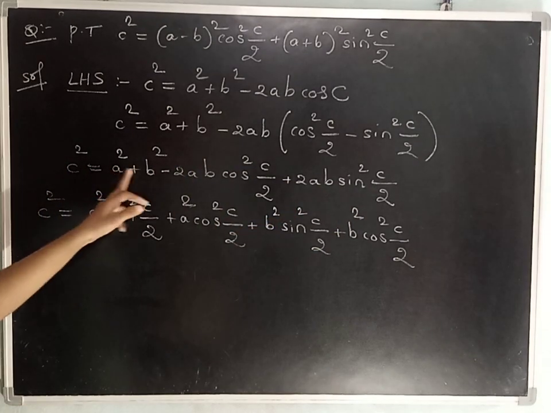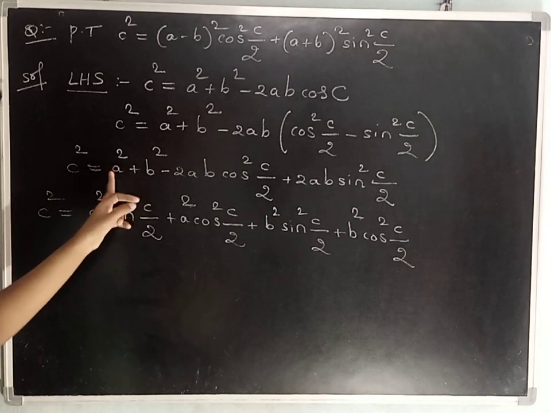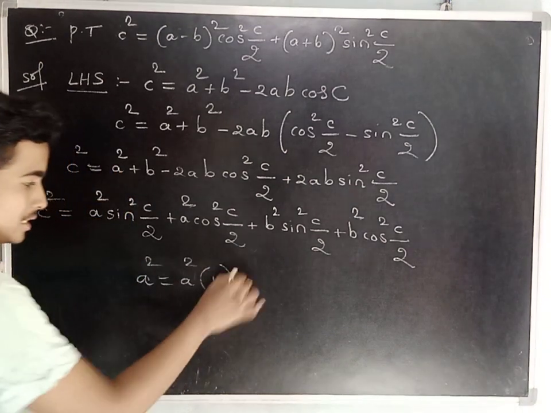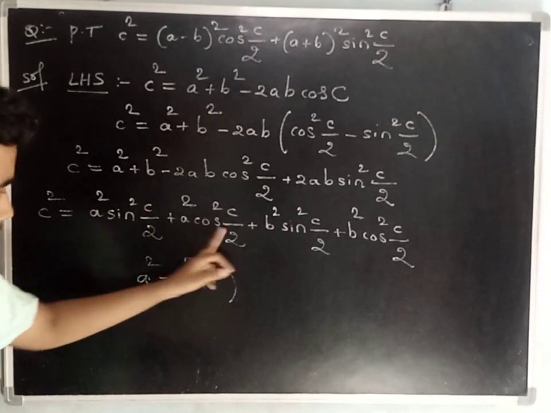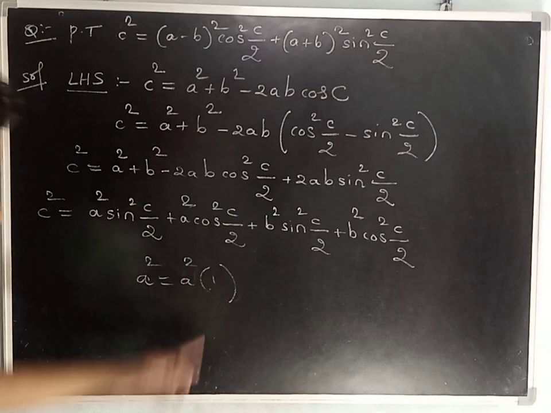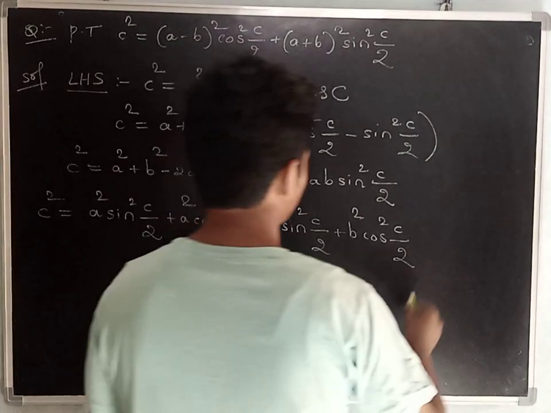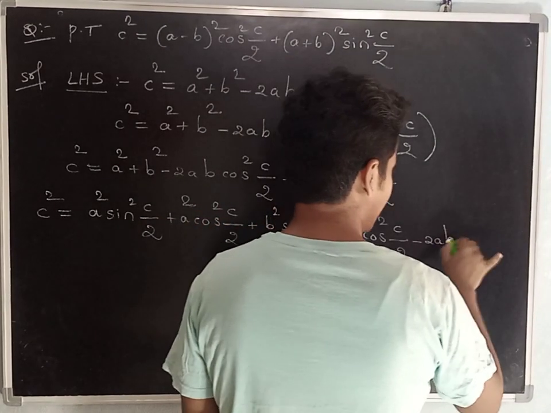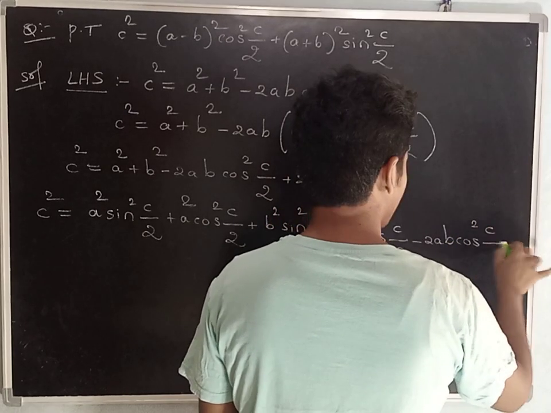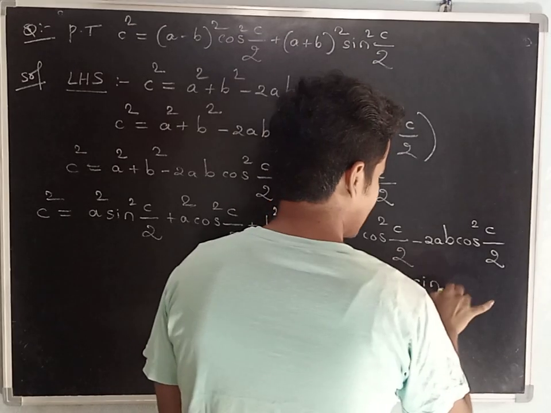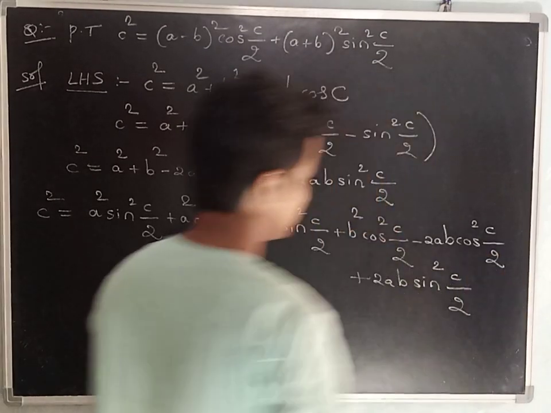Next, a square into 1: instead of writing a square, it can be written as a square of 1, where 1 is nothing but sin square C by 2 plus cos square C by 2. That's what I have written here, minus 2ab cos square C by 2 plus 2ab sin square C by 2.